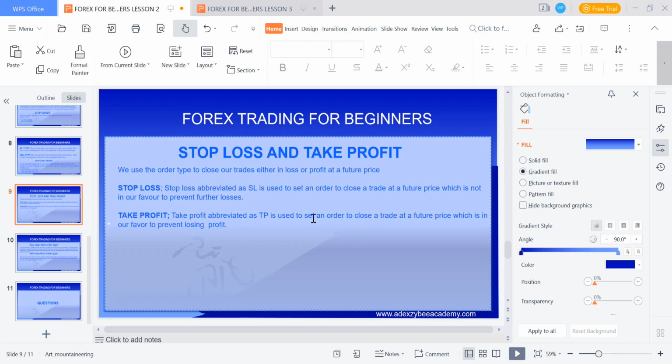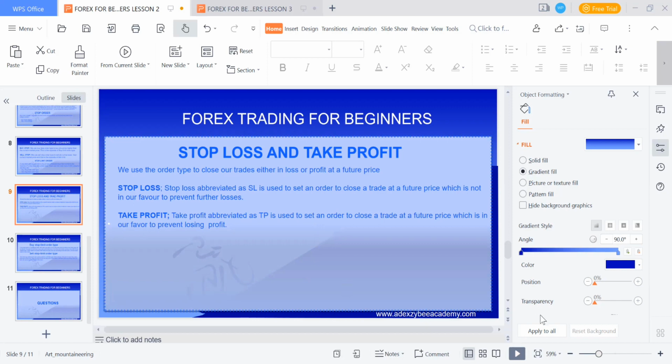For stop loss, we are setting a price such that when the price of that currency pair gets there, you'll be in loss, but you want to stop your loss there to avoid further loss.